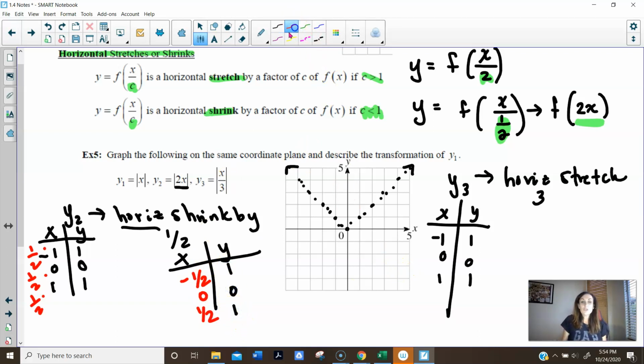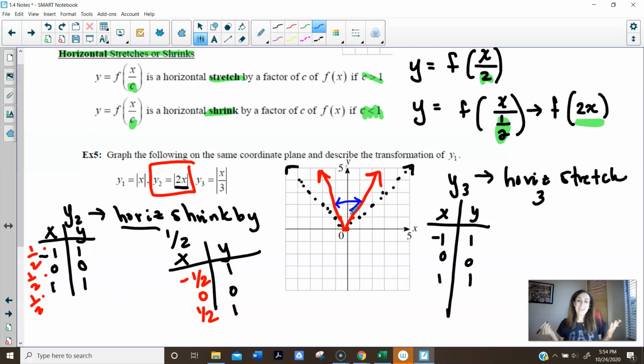So that this new graph, which is the horizontal shrink, is going to be left a half and up 1, 0, 0, and right a half up 1. And so you can see if you look at the horizontal width, so going across is horizontal, you can see that we had a horizontal shrink.